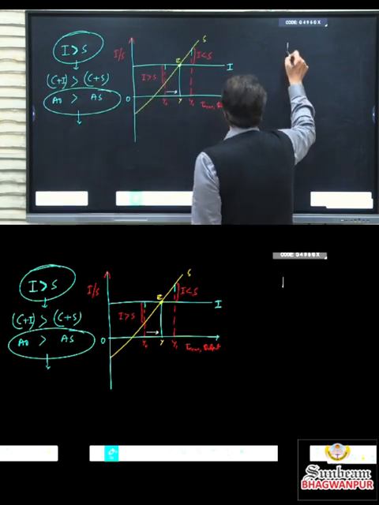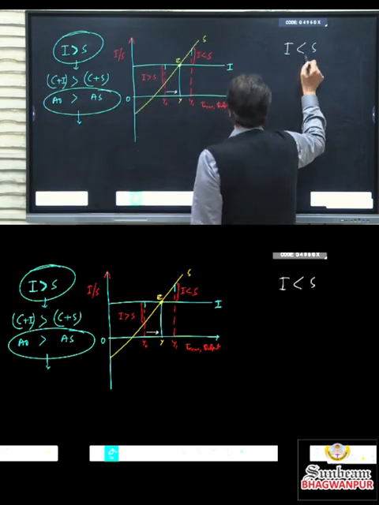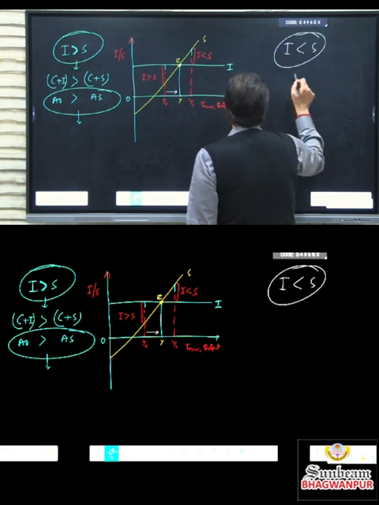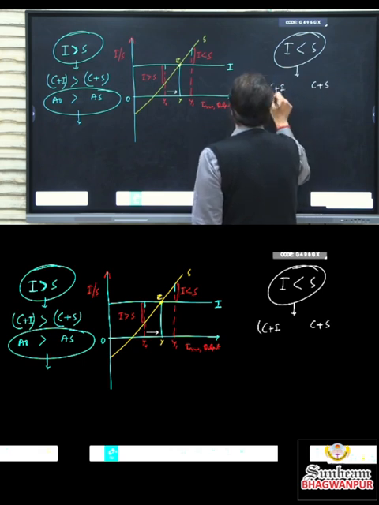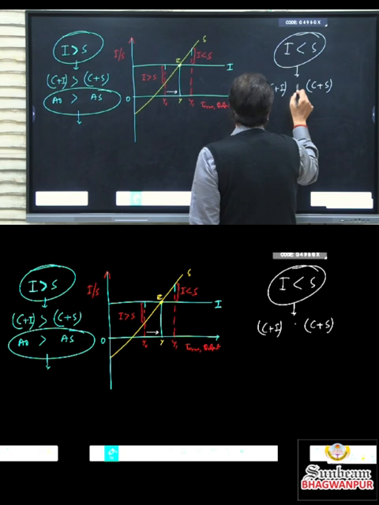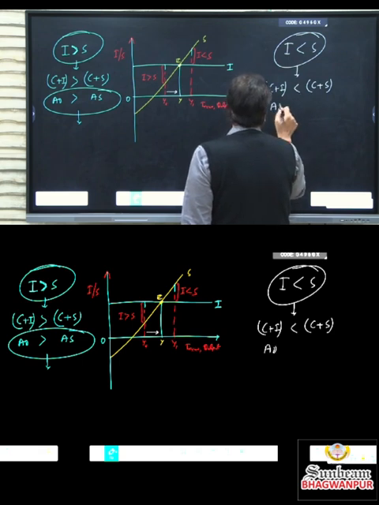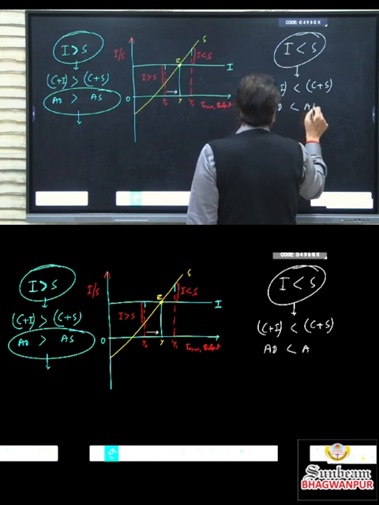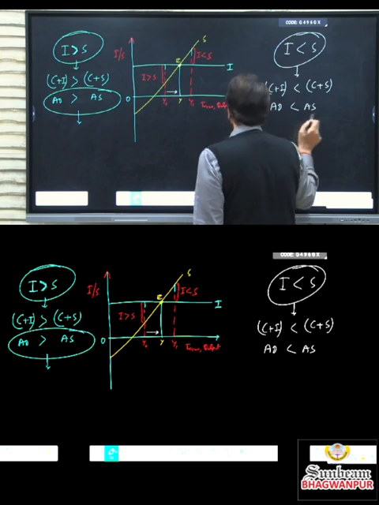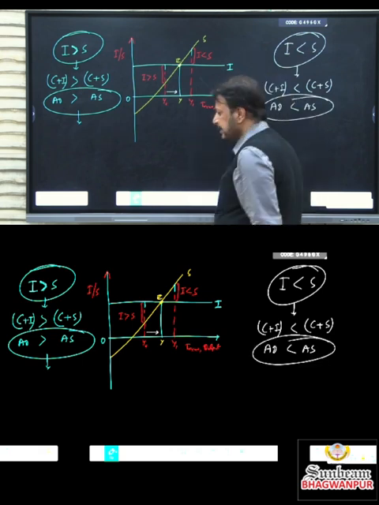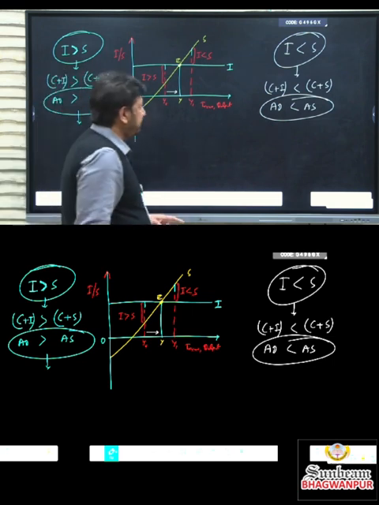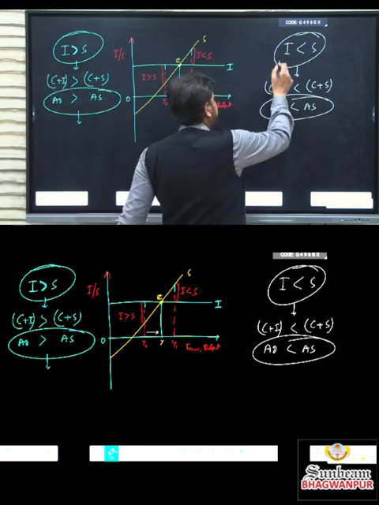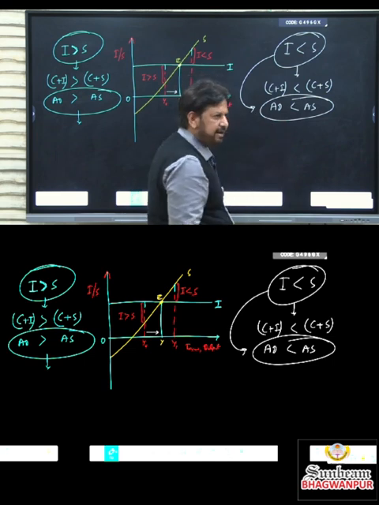The second case, when I is less than saving. Again, if we add consumption on both sides, C plus I implies AD, C plus S implies AS. This situation is showing AD less than AS. So if I is less than saving, this is actually the situation of AD less than AS.